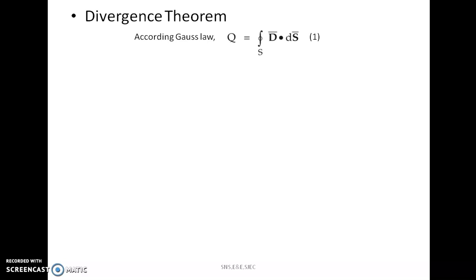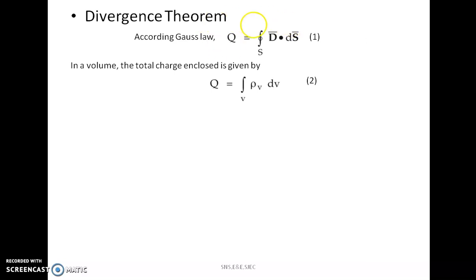I will take this as equation 1. If I take a volume, then to find the charge enclosed in that volume, if you know the volume charge density, I can write Q is equal to the volume integral of rho V dV.